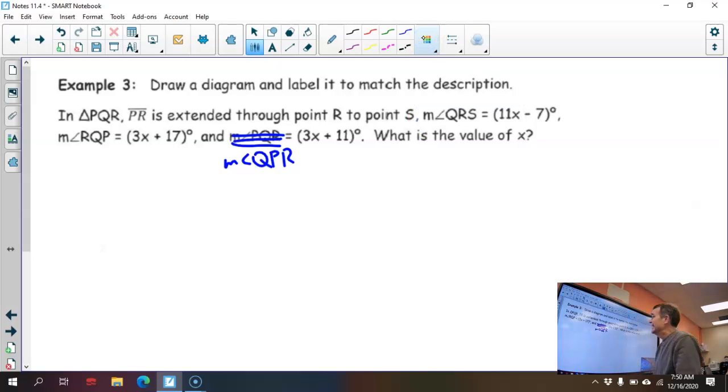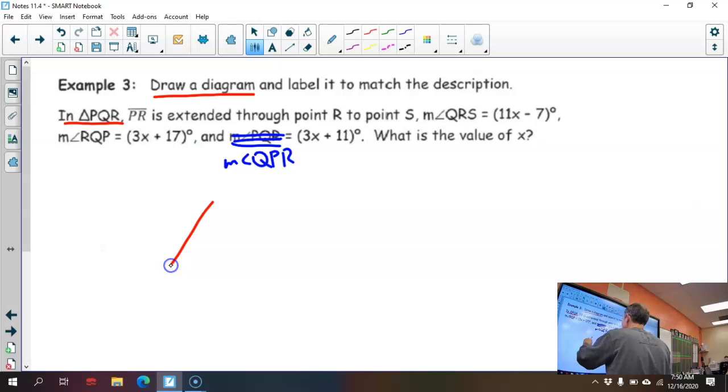Let's do this problem. In this one, I have to draw a diagram. So we're going to practice reading the problem and drawing a diagram. So I have triangle PQR. Let me draw a triangle, and I will call that triangle PQR.